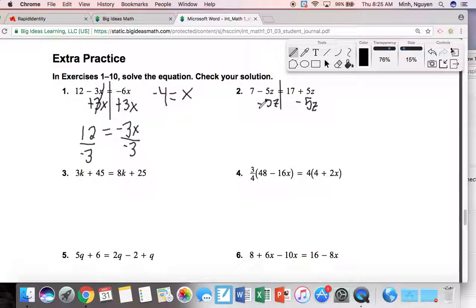That makes negative 10. So it's 7 minus 10z equals 17. Because even though there is a minus sign here, that just applies to the negative 10z. This number, the 7, is positive, so I will subtract it. And if I do it on one side, I will also do it on the other side.